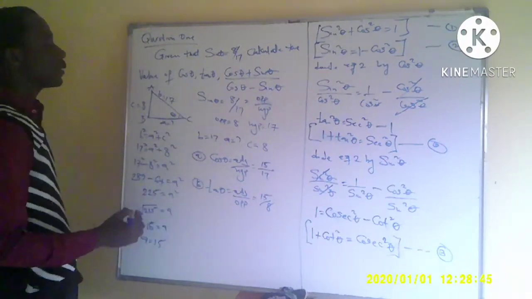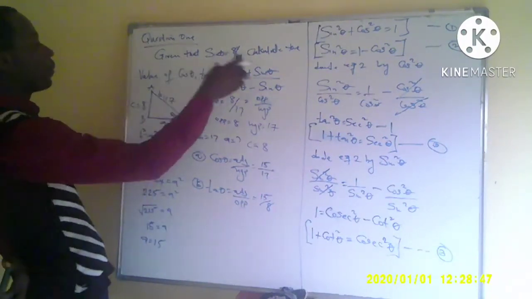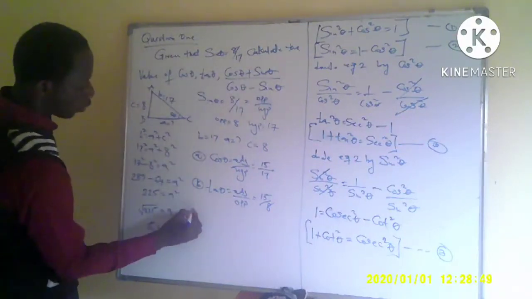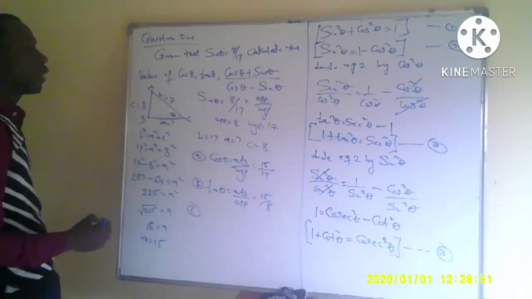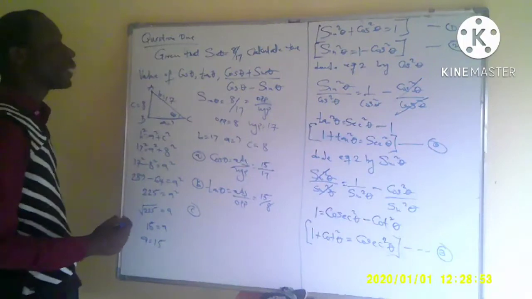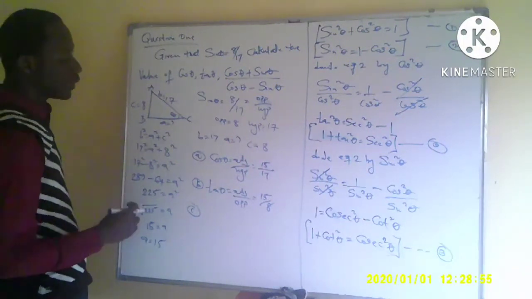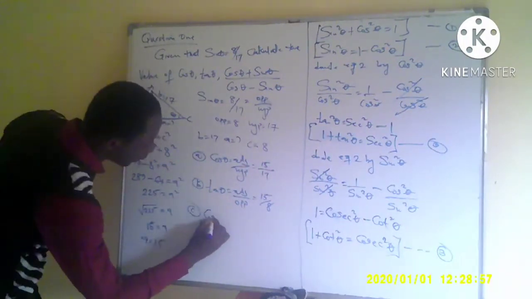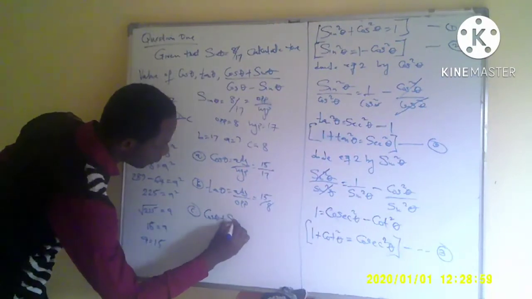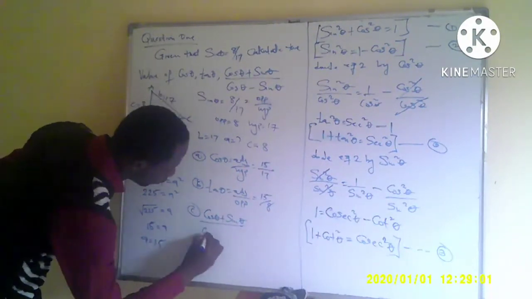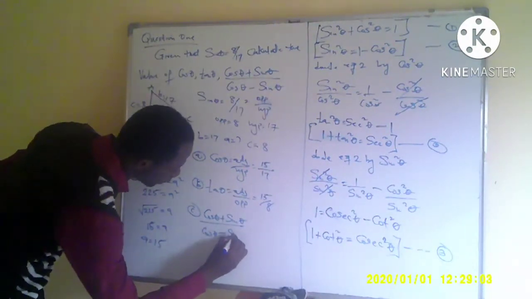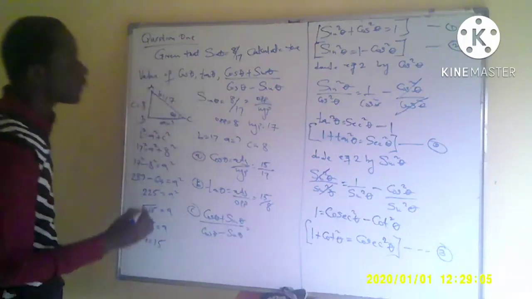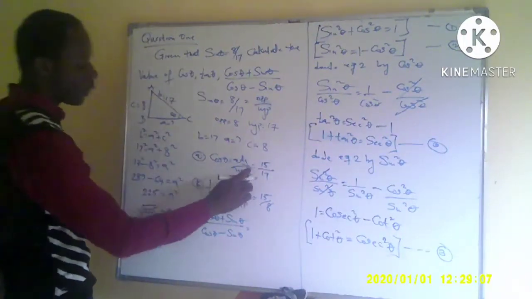So for C now, they say find cos theta plus sin theta over cos theta minus sin theta. What's cos theta, class? Cos theta, remember, is 15 over 17.